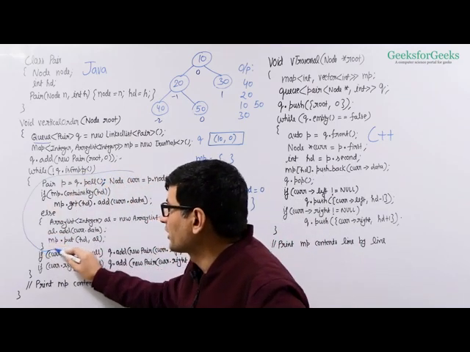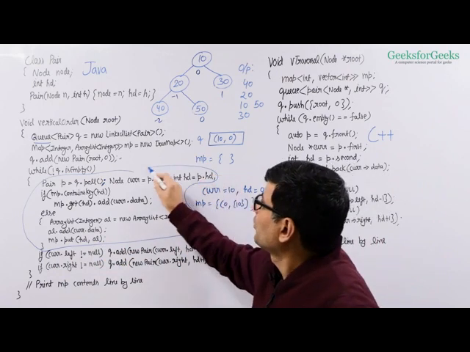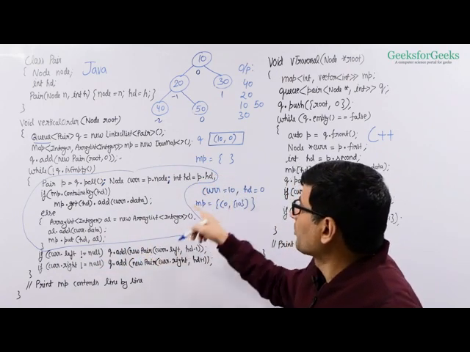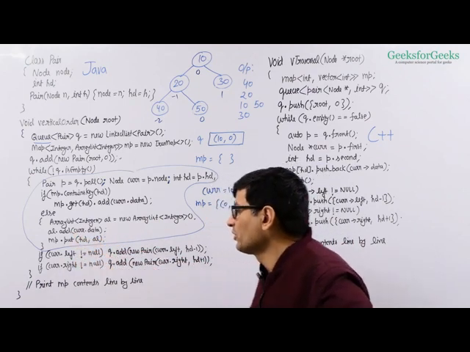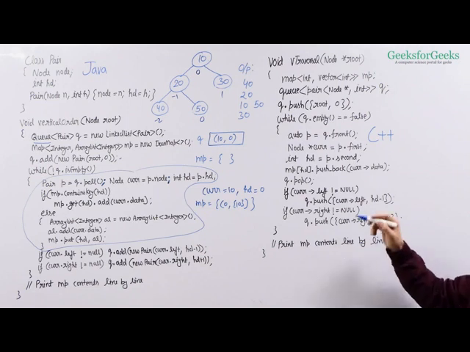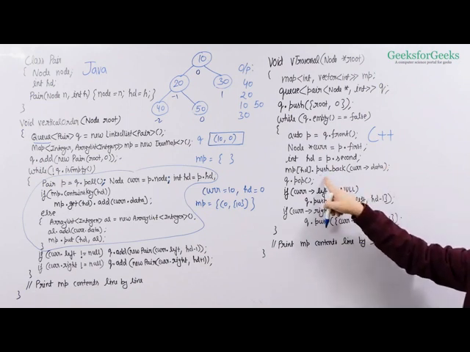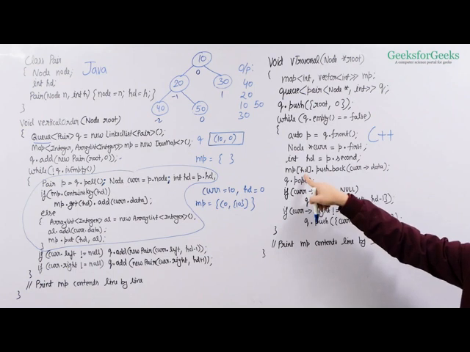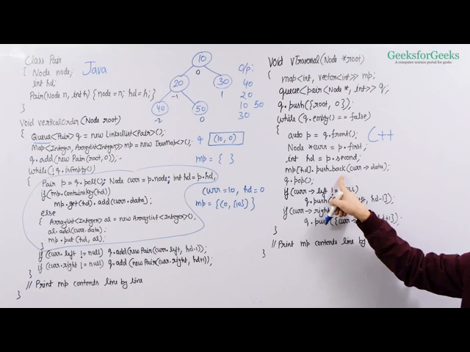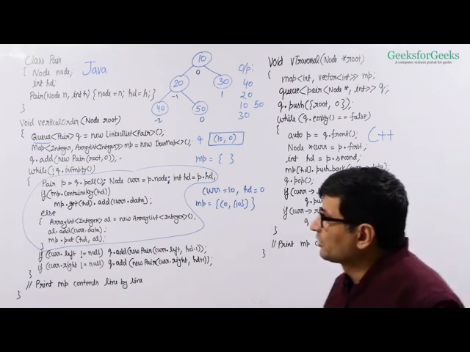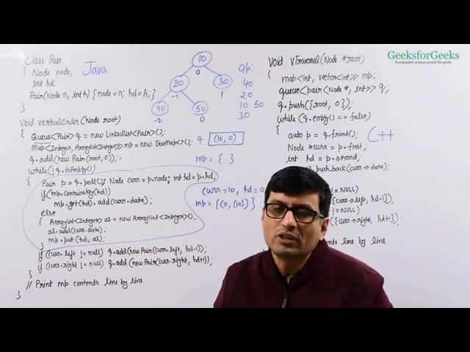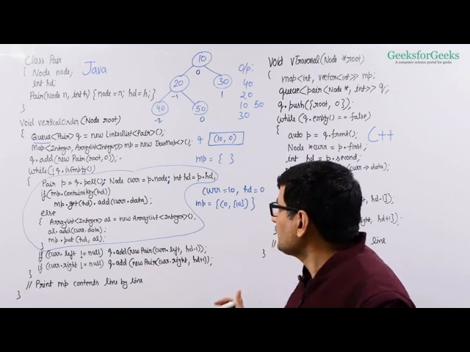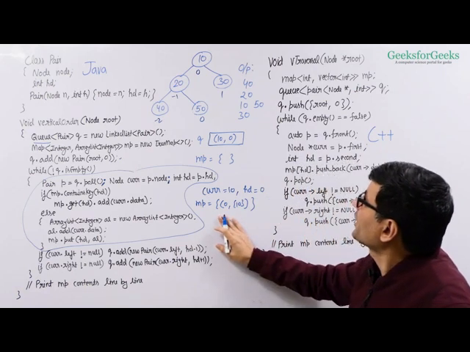If the key does not exist, we create a new array list. That's what will happen when you process 10. If it does not exist, you will create a new array list, add this item to the array list, and put it into the map. In the C++ implementation, we can simply do push_back. It's simpler because the way maps work in C++ is, if the entry is not there, they create an empty entry, an empty vector is created, and you can push the data there. So C++ code is shorter, and Java code is longer to handle both cases, whether the key already exists or not. This is what happens when you take out 10.